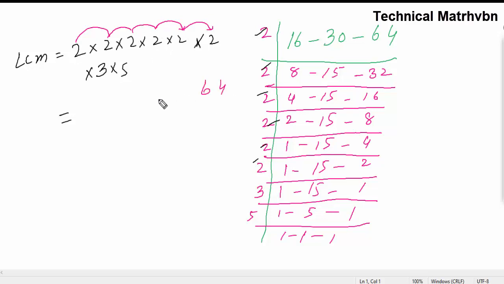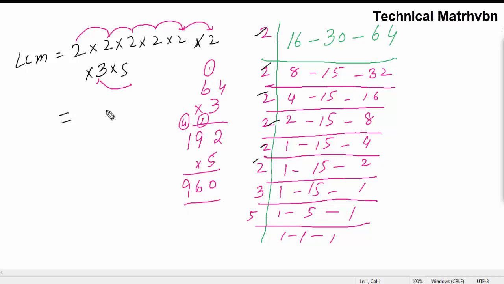Multiply this by 3: 3 4s are 12, 1 carry, 3 6s are 18 plus 1 is 19. Now multiply by 5: 5 times 2 is 10, 0 and 1 carry, 5 9s are 45 plus 1 is 46, 6 and 4 carry, 5 1s are 5 plus 4 is 9. So 960 is the LCM.